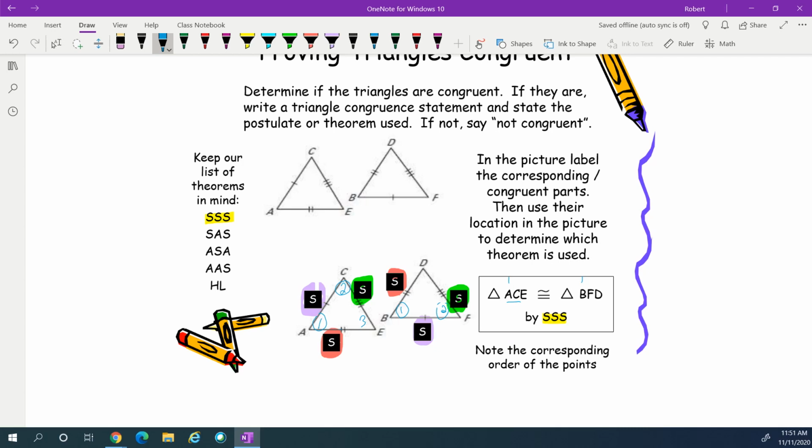So F is letter 2. C was letter 2, F is letter 2. And obviously, my 3's will match. So in this case, the picture was rotated or reflected, so I have to be a little careful, but I have to establish my pattern. And that's why we did all that work first, how to put things in corresponding order. So this is an example of how SSS works.